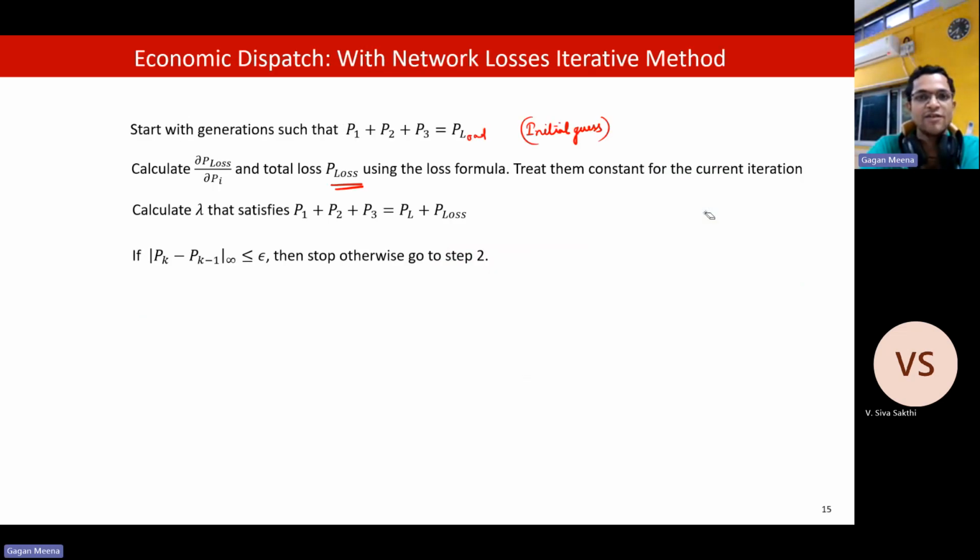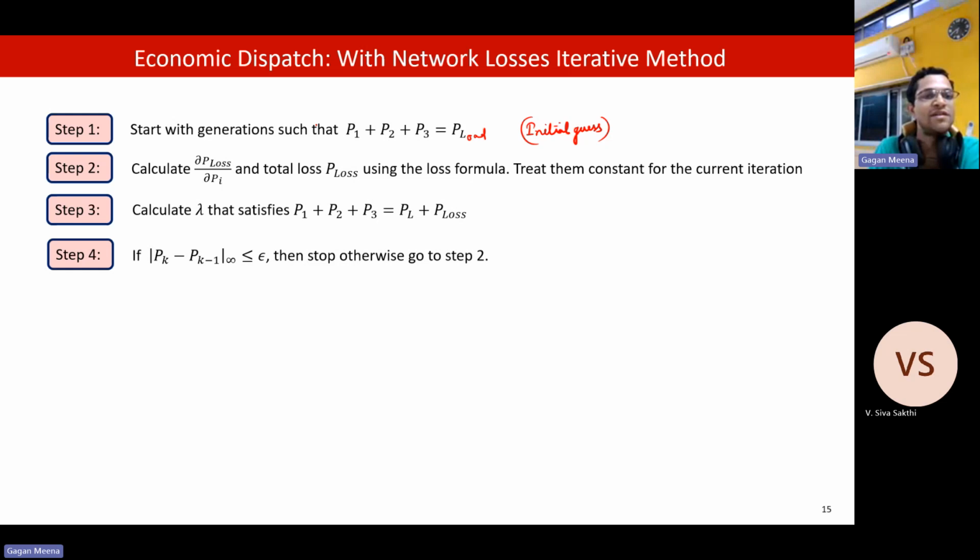So we can find out loss using the loss formula, and then we can also find out this. Because we know the loss formula, we can differentiate and find out all the incremental losses as well as the total loss. Then for each iteration, they will be considered as constant.